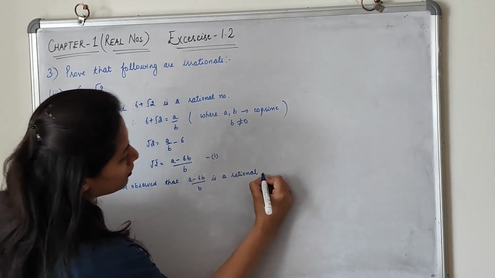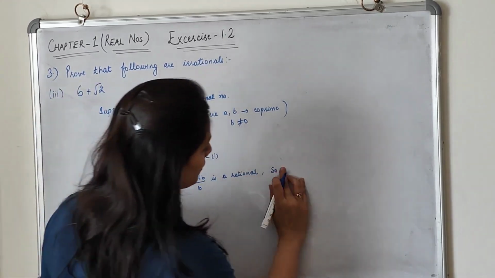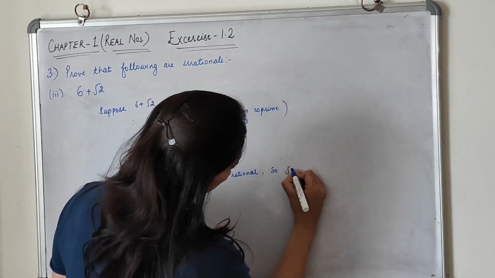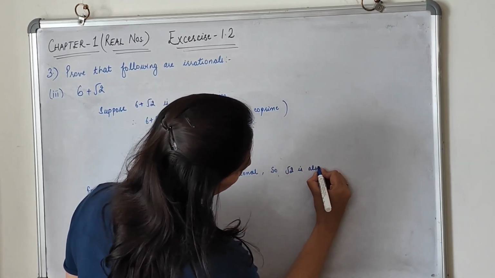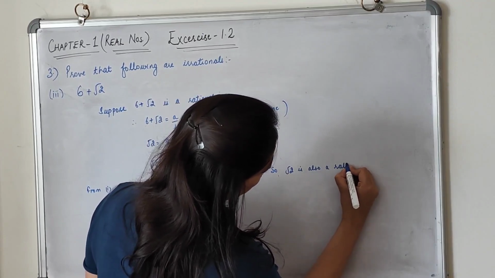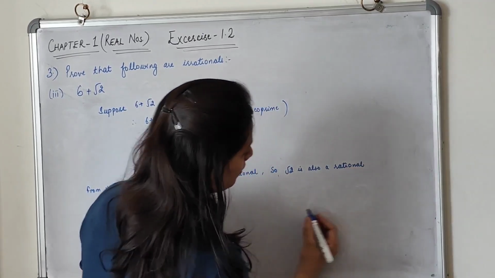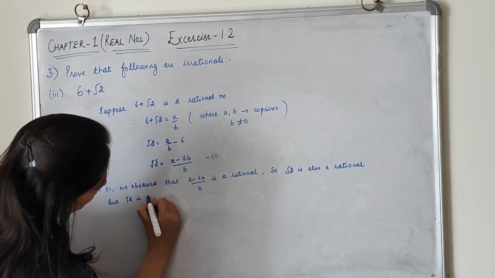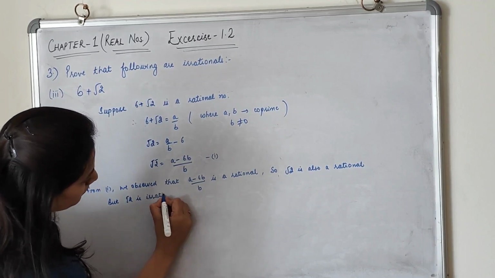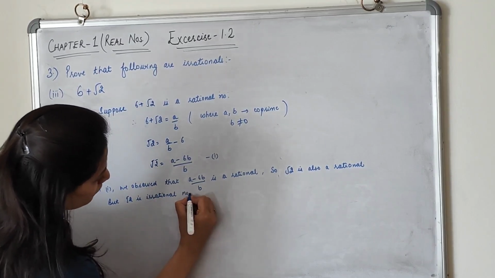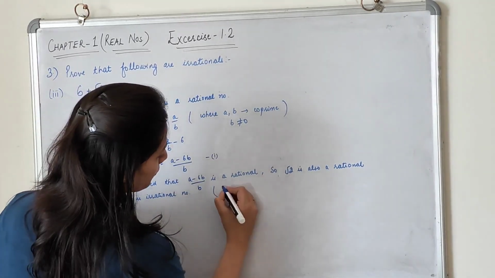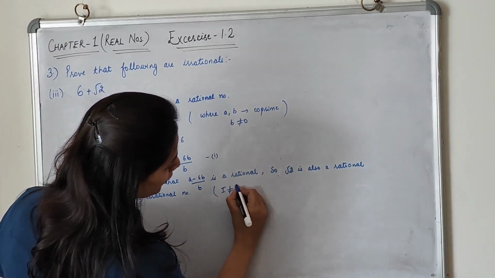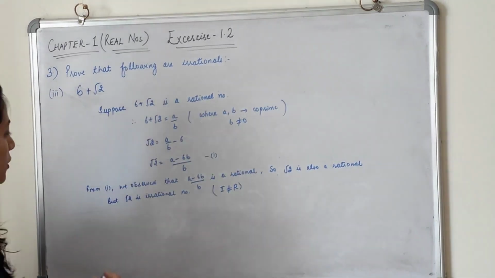rational. So root 2 is also a rational, but root 2 is an irrational number. Also, an irrational number cannot be equal to a rational number.